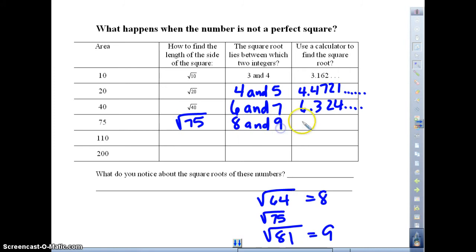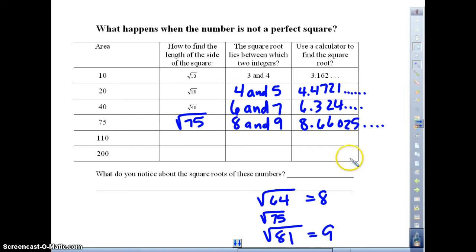I'm going to punch it in my calculator, and the calculator says it's 8.660254038, on and on and on, and it never does what? It never terminates and it never repeats.